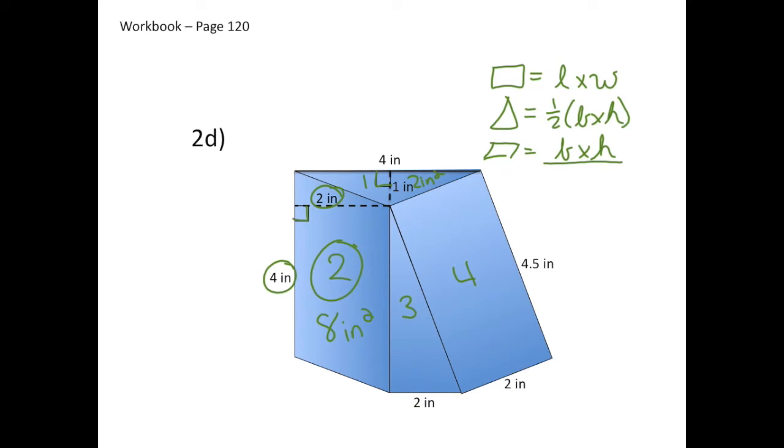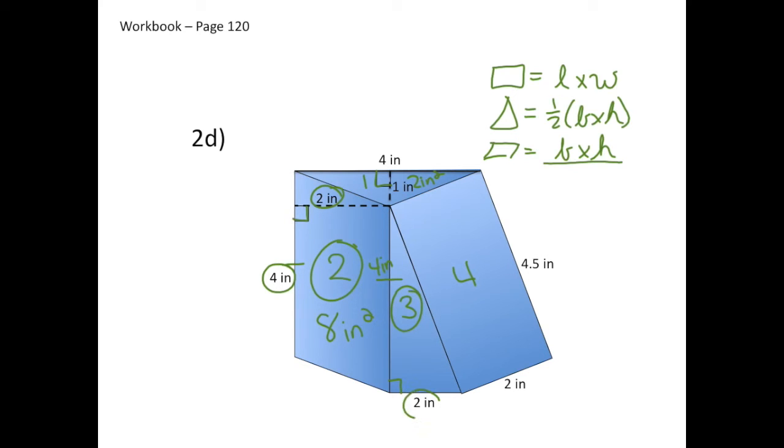Now let's move right along to my triangle here. I can see that this here is a right angle. I know that this 4 inches here must be the same as the opposite side. So if this is 4 inches, that means that over here, that line is also 4 inches.